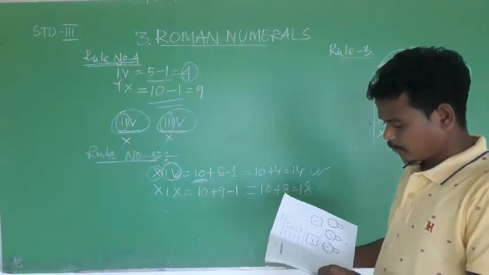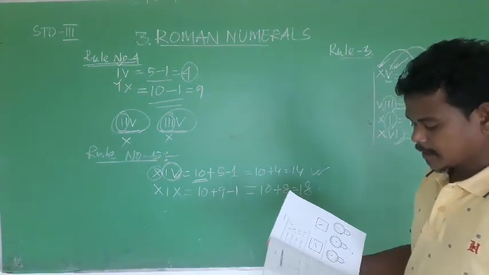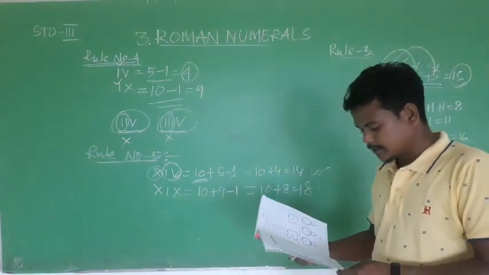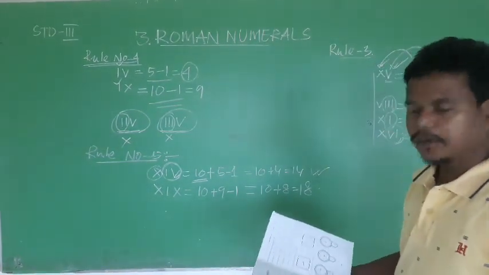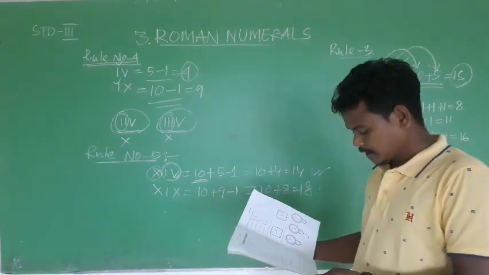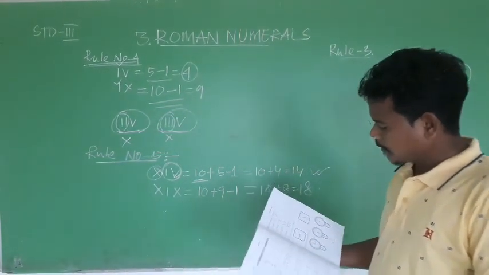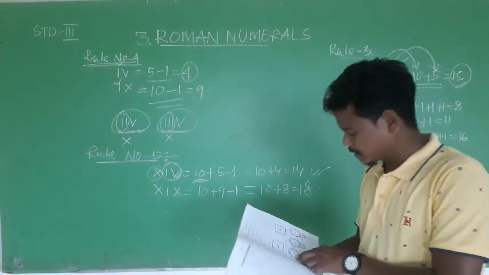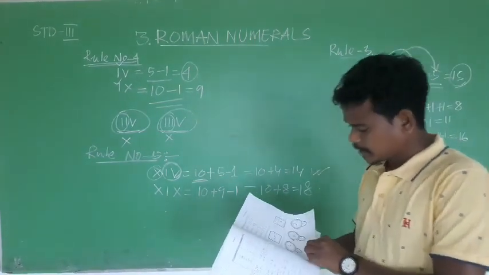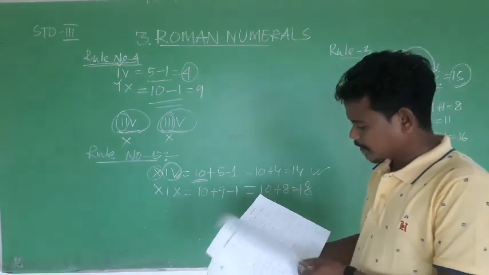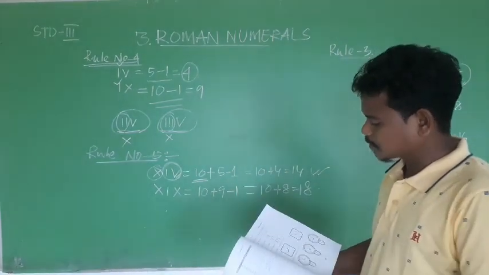Then there is matching, greater than, less than, equal, ascending order, descending order. Roman numerals and make the Roman numerals using the matchsticks. One clock, fill in the blank. All such questions are there, students.